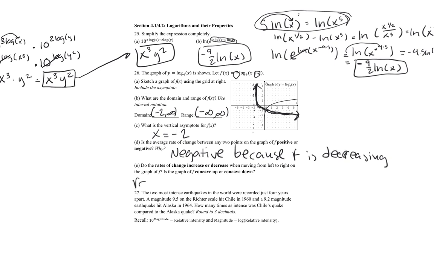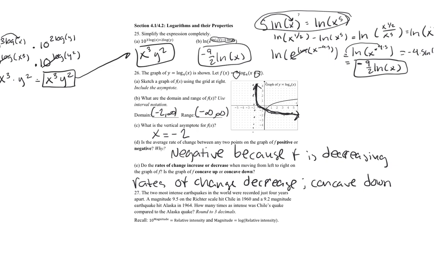So rates of change decrease because we said it's getting more negative. And the graph of f, we can see here, has a concave down configuration. And so we'll say concave down.